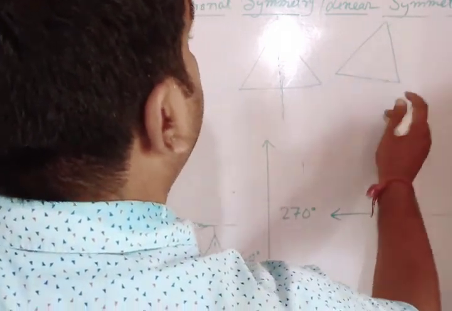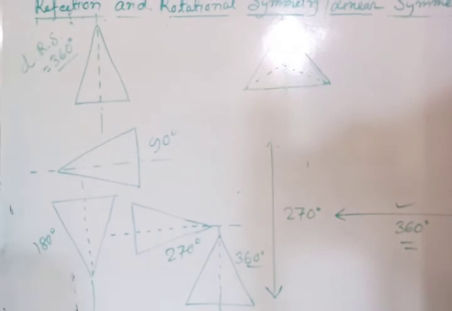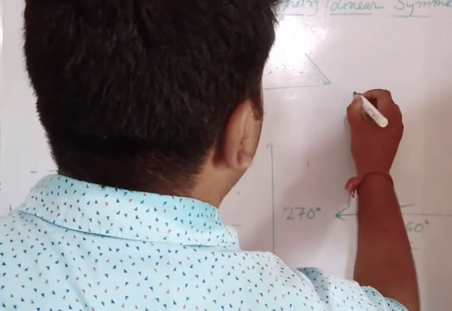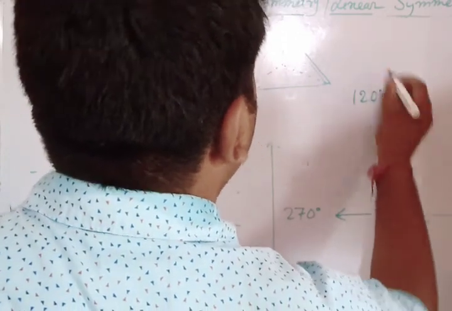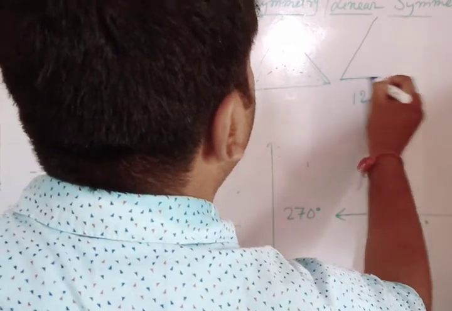Next, along 180 degree, we are getting a similar figure. Sorry viewers, for this figure, this is the original figure. We are taking next 120 degree. After rotating 120 degree, we are getting a similar figure.